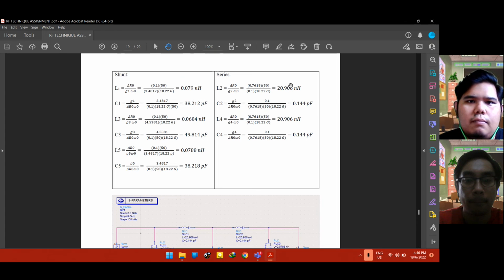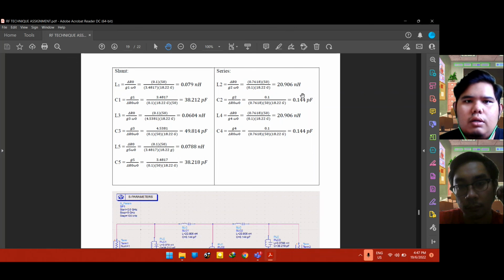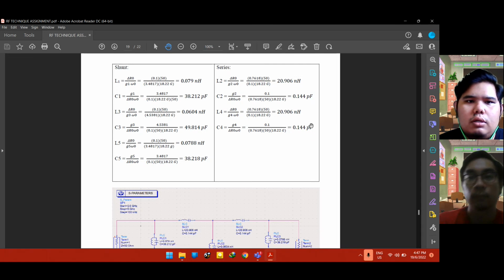Here are the calculations for L2 for series, the formula for the capacitance, and the values: L2 is 20.906 nanohenry, C2 is 0.144 picofarad, and so on.